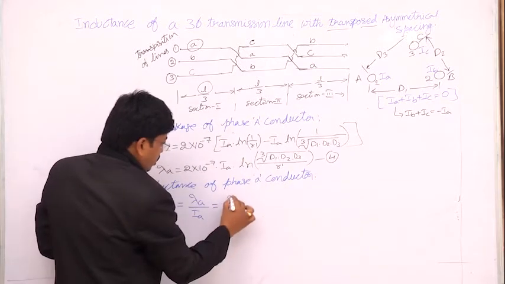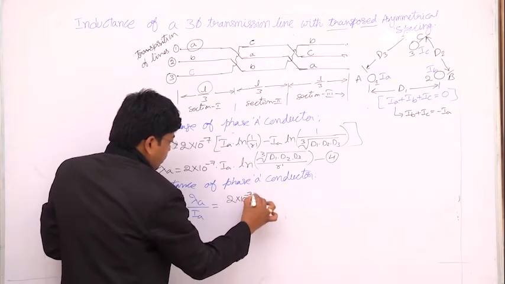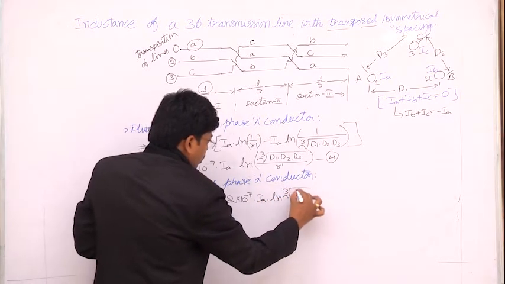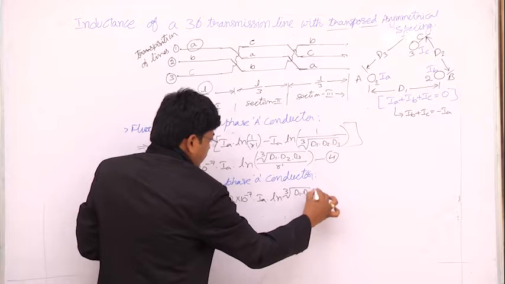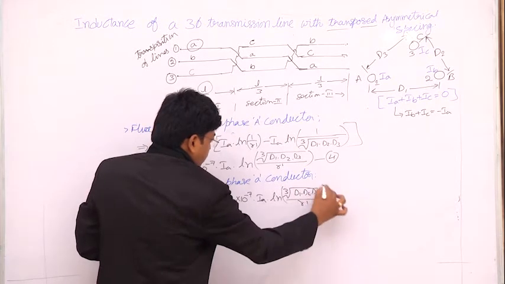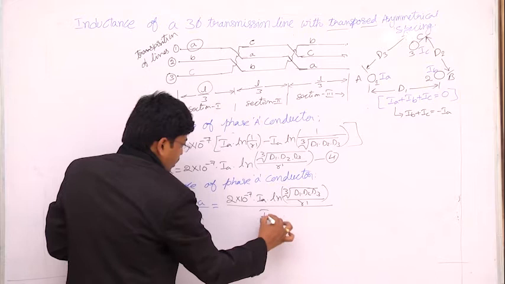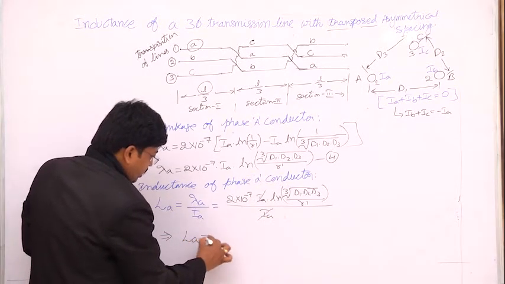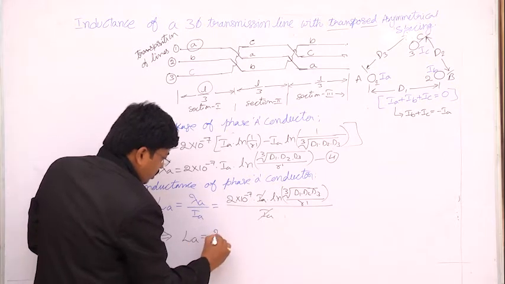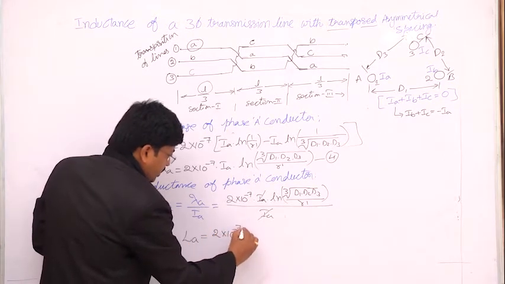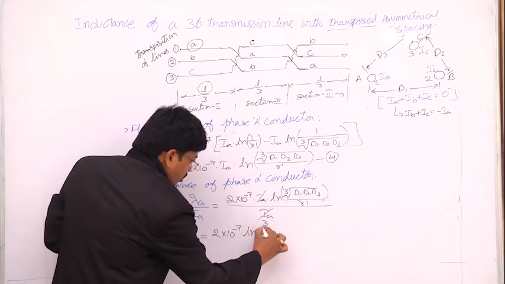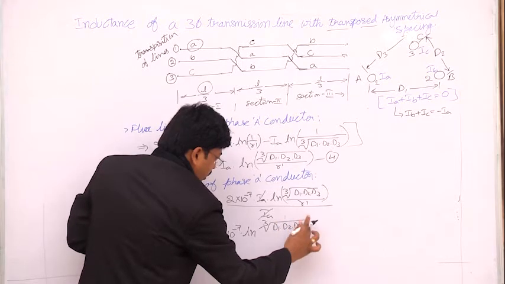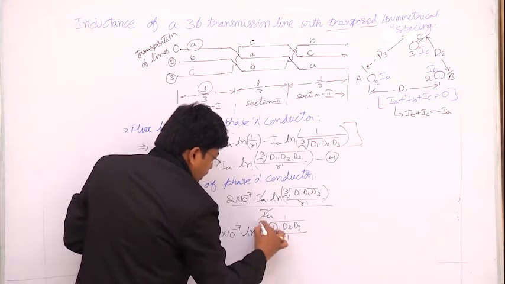From equation 4, it is 2 into 10 power minus 7 into IA into logarithm of cube root of D1, D2, D3 by R dash, divided by IA. So here IA gets cancelled. Finally LA is given as 2 into 10 power minus 7 into logarithm of cube root of D1, D2, D3 by R dash.